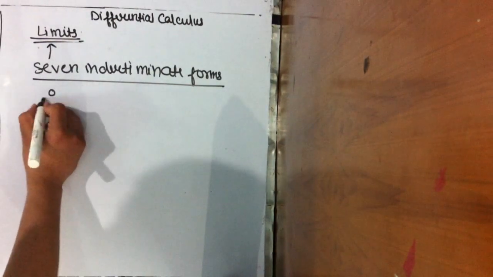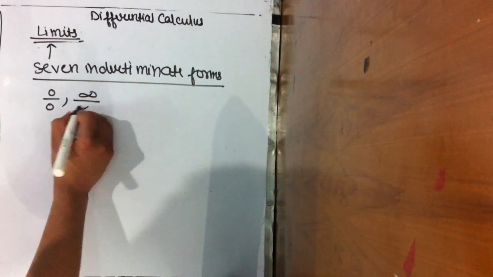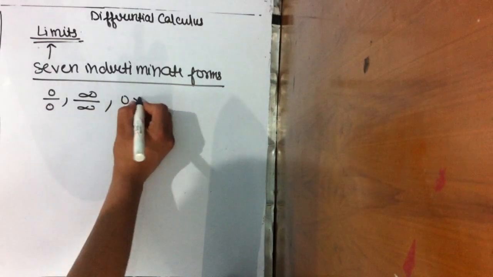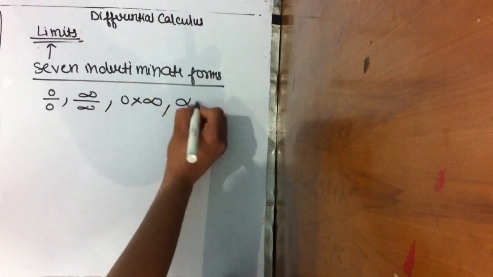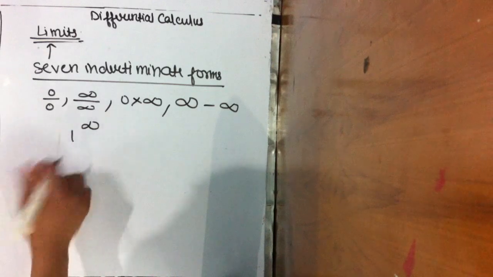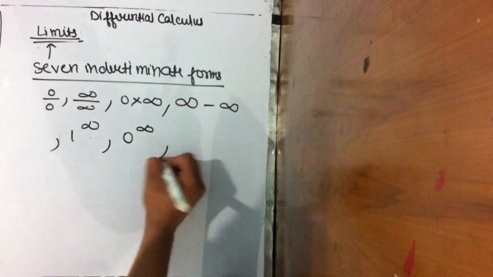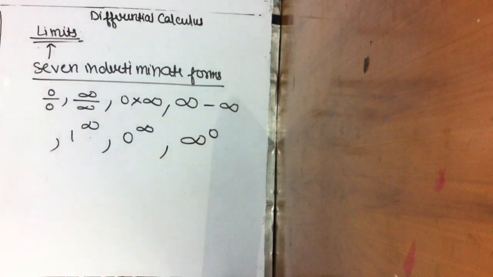First indeterminate form is 0 by 0. Next is infinity by infinity, 0 into infinity, infinity minus infinity, 1 to the power infinity, 0 to the power infinity, and infinity to the power 0.